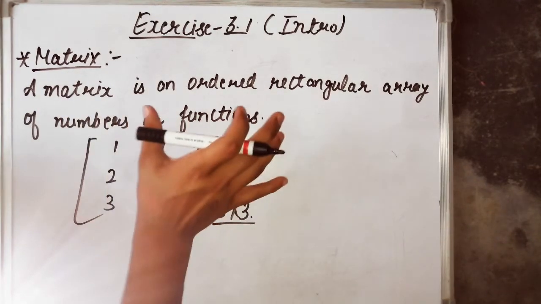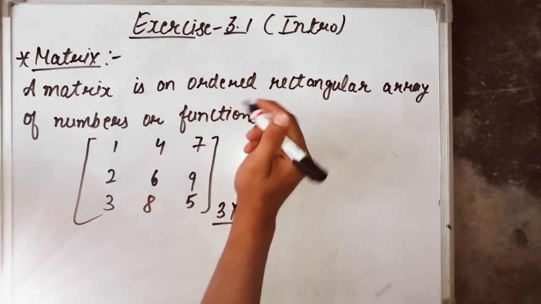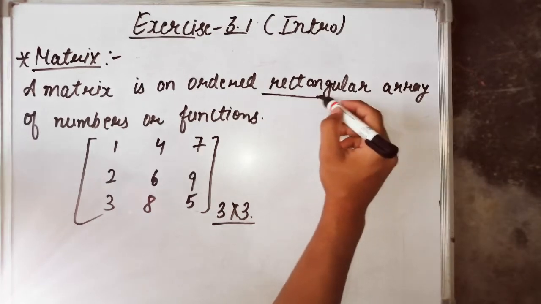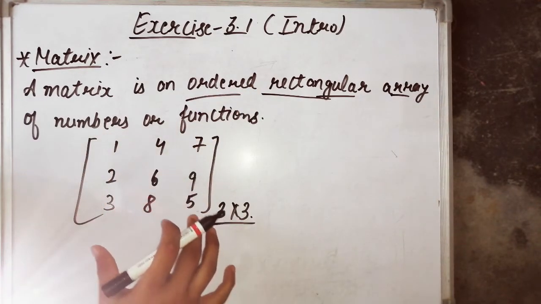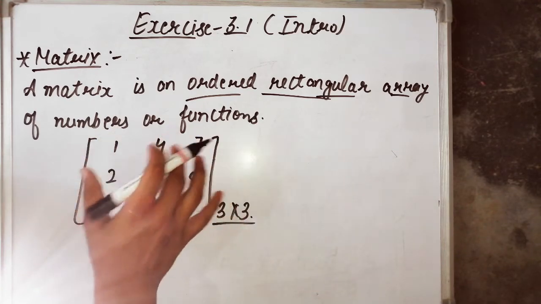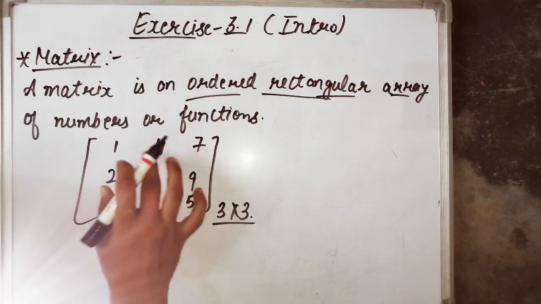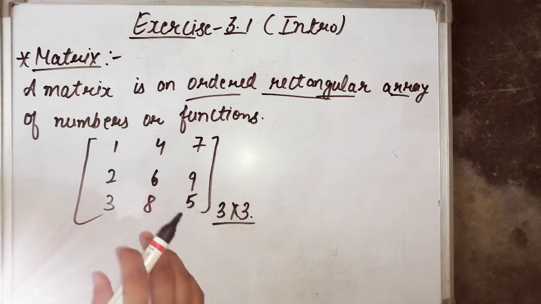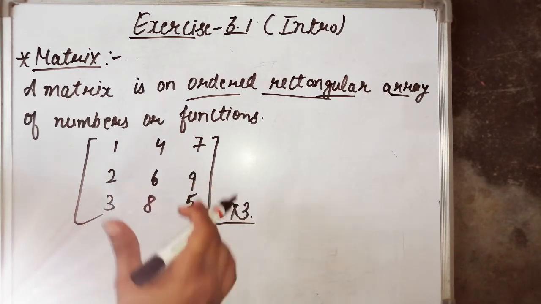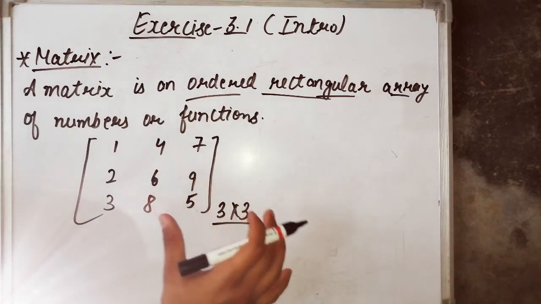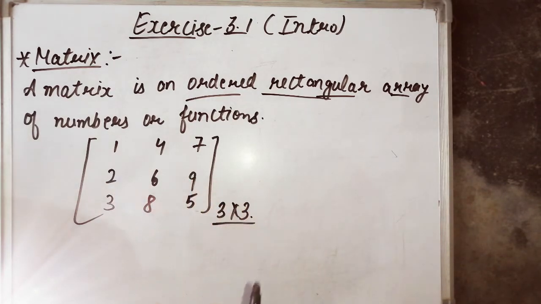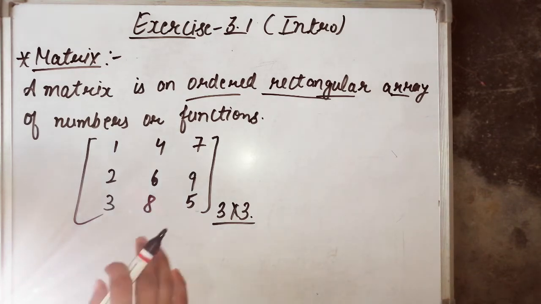As per the definition, a matrix is an ordered rectangular array, which is ordered and rectangular. The array of numbers or functions we have considered here: 1 4 7, 2 6 9, 3 8 5. These all are numbers, and if you want to take functions, you can also take sin x, cos x, tangent x, or any other thing.